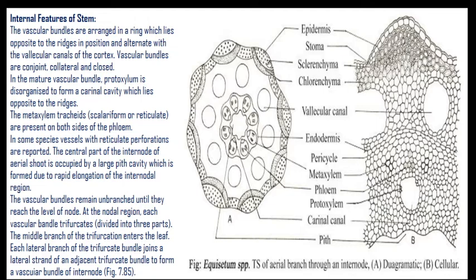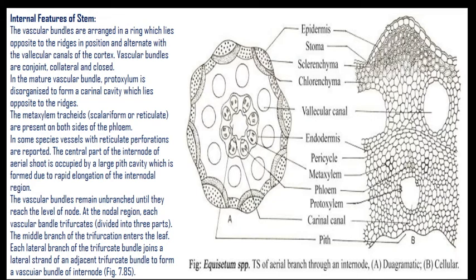Sclerenchyma is for mechanical support, and chlorenchyma is for photosynthesis. These are the scaly leaves which overlap the nodal and internodal portions. So A is the diagrammatic representation and B is the cellular representation.